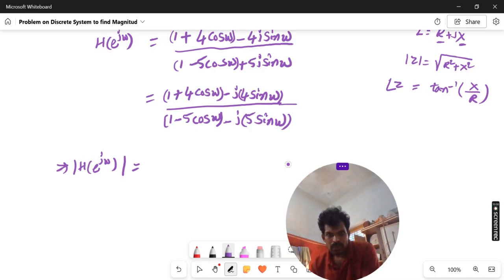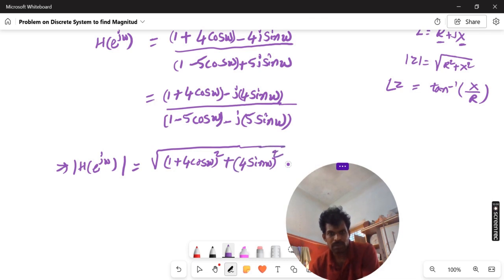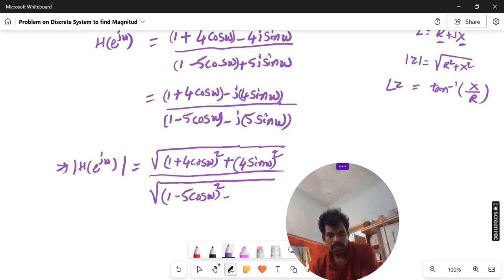So according to this, here the square root of real value square plus imaginary value square in the numerator is the square root of (1 plus 4 cos omega) whole square plus (4 sin omega) whole square, divided by, in the denominator also, the square root of real value square plus imaginary value square, that is (1 minus 5 cos omega) whole square plus (5 sin omega) whole square.